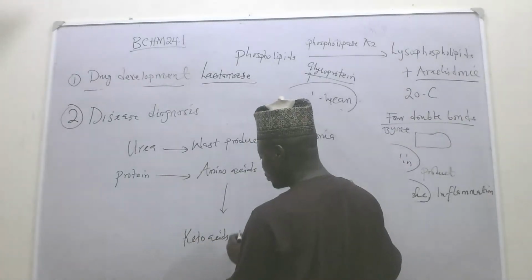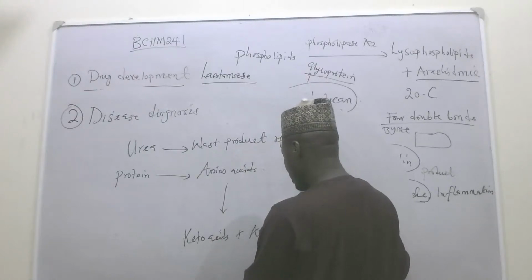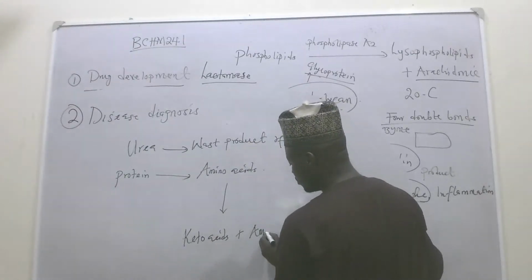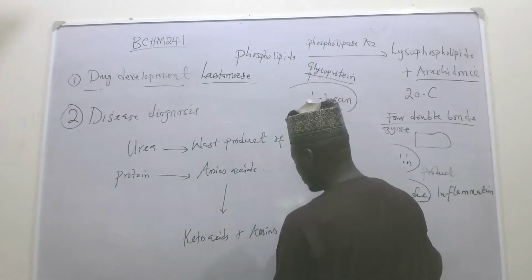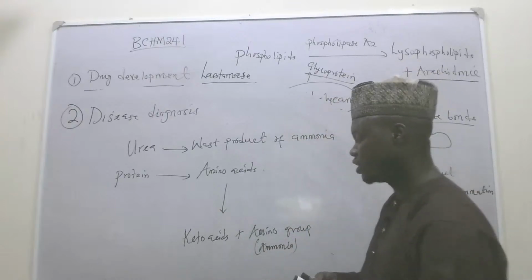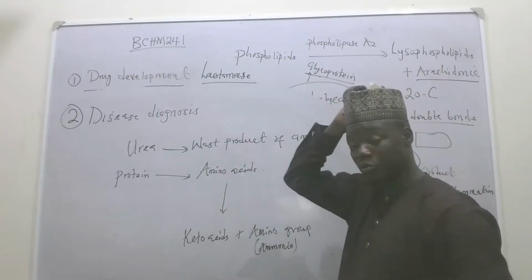It will produce keto acid plus amino group, or you can decide to say ammonia. Let me write it in bracket, ammonia. So when we eat proteins, it usually produces keto acid and ammonia.